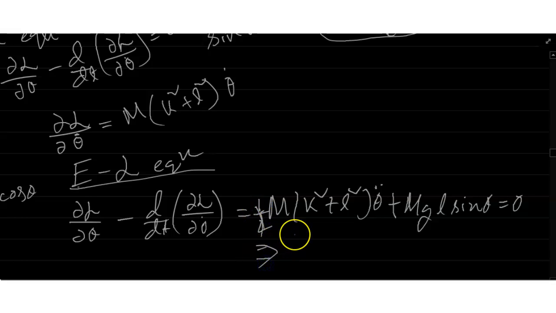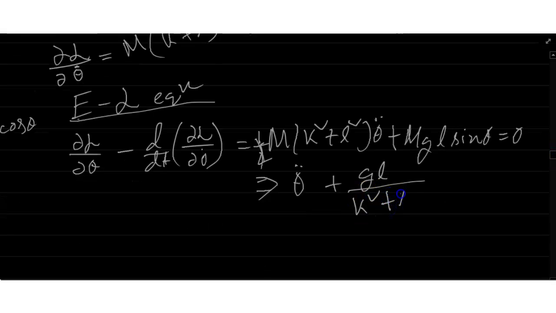So we can write theta double dot plus gL by (K square plus L square) sin theta equals 0.